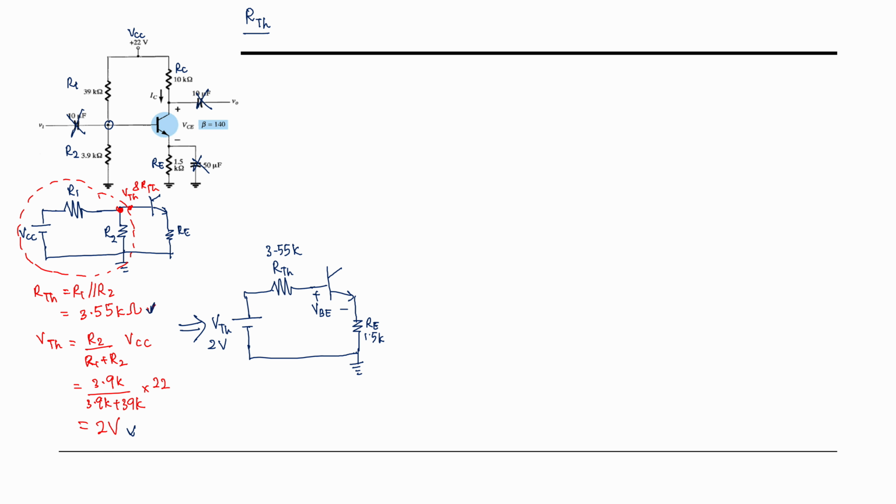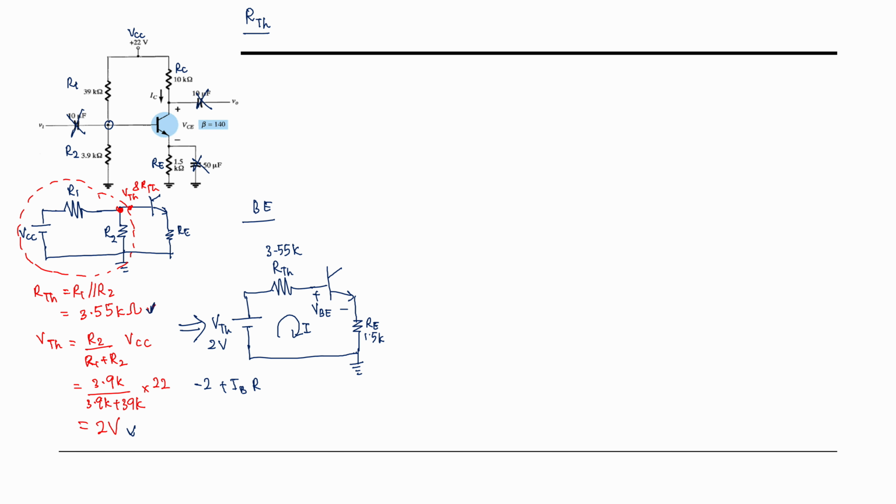Right, so now can we find the BE loop? So this is the BE loop. At the BE loop, can we find the KVL? So here is the current direction. So your KVL will be what? -2, plus IB RTH.